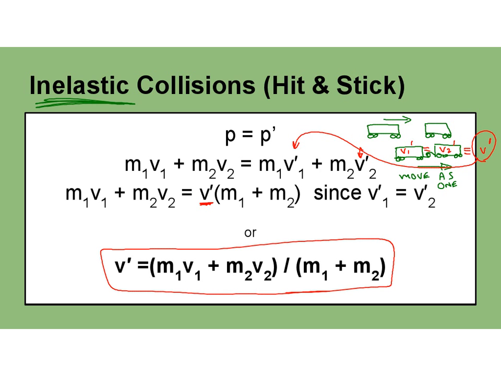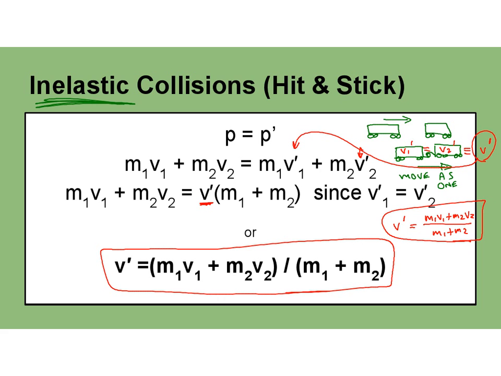Probably a better way to write this would be V prime equals M1 V1 plus M2 V2, there's the numerator, and then divided by M1 plus M2. Maybe that's a little clearer than what's typed out there. Either way you want to think about it. You can see that the parentheses down here hold the numerator together, so it's the same thing. But this is probably a better way to write it. But that's the inelastic collision.